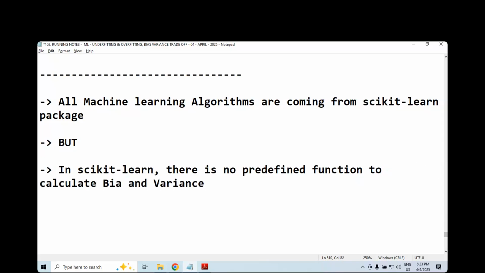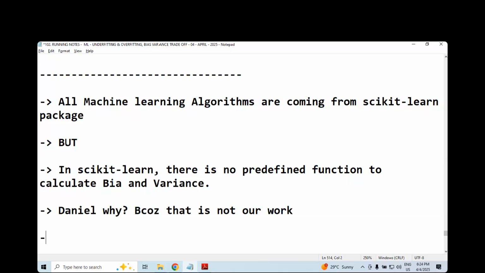Daniel, why? The answer is simple. Because that is not our work. Not our work in the sense that, being a data scientist, you need not be worried. You need not check what the error level, bias value and variance value are. But still, if you wanted to check, there is no function in scikit-learn.